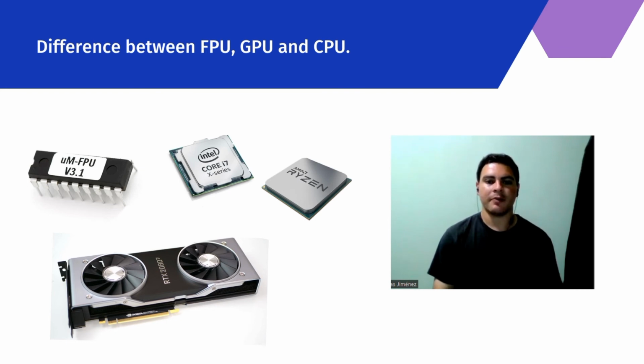A CPU can perform types of tasks like arithmetic or mathematics, logic, loading and storing in memory or registers, but they are generalists.